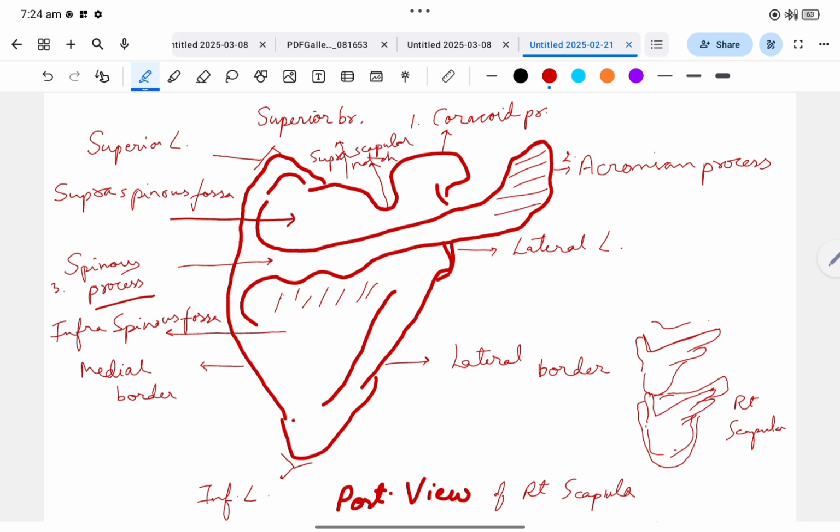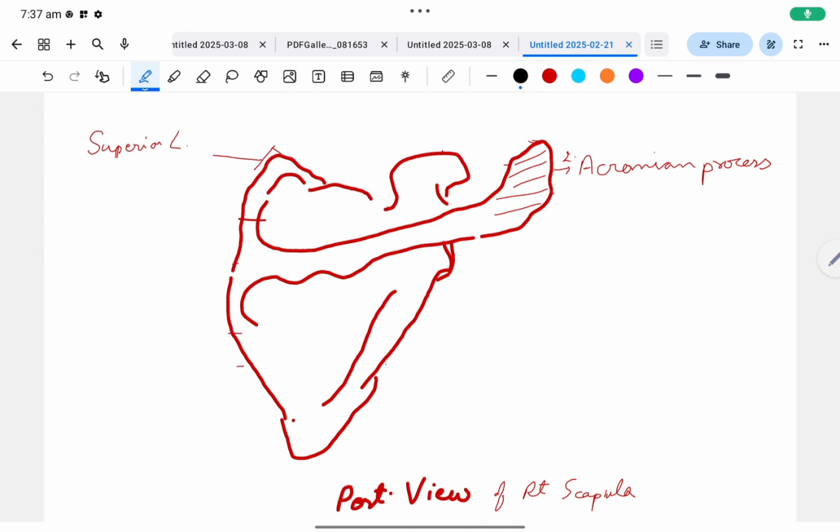So it has two borders. The border facing the outward side is the lateral, and this one towards the middle is the medial border of the acromion process itself. So today we have seen all the fossae, processes, angles, borders, and depressions of the scapula.